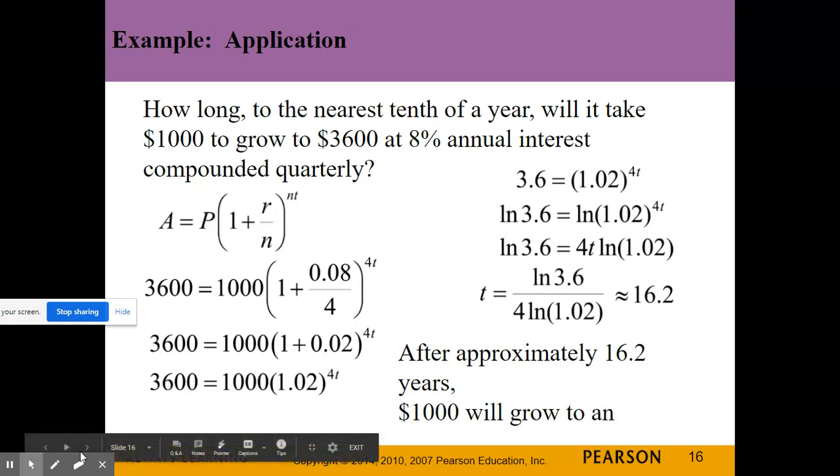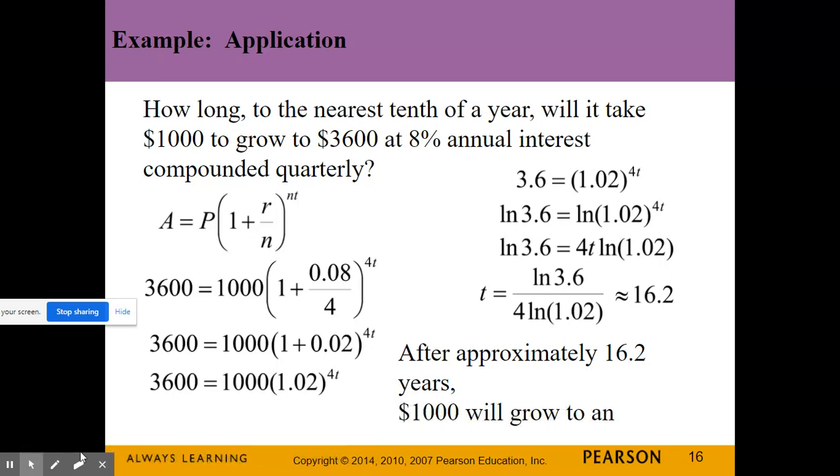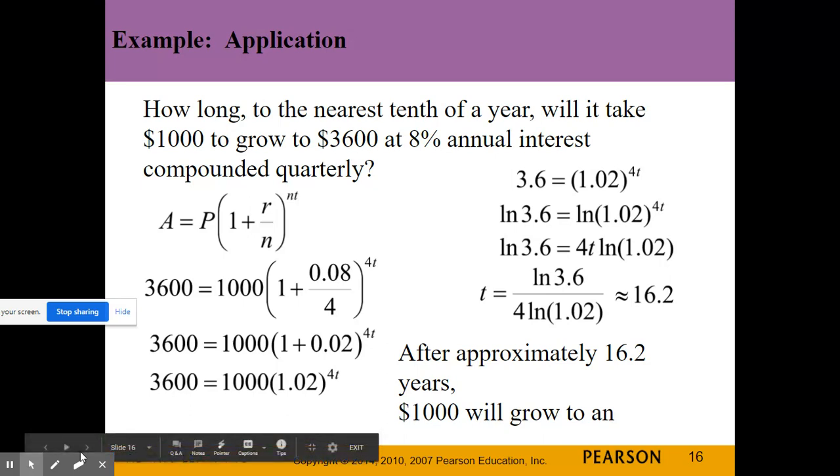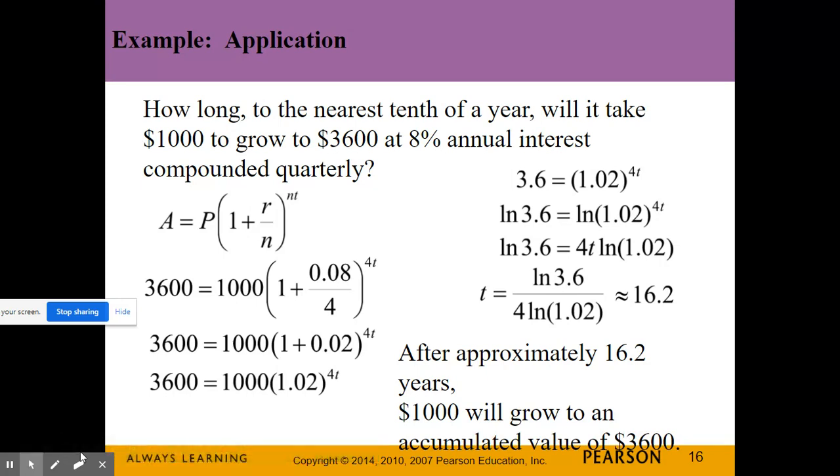The first thing they're actually working through is solving and getting 1.02 in the parentheses. You can do that, or you can just type it all in that way in your calculator. It makes no difference, although I guess it would make less work when you're writing that number multiple times. Anyway, then you divide the 1,000 from both sides, and you get 3.6 is equal to 1.02 raised to the power of 4t.